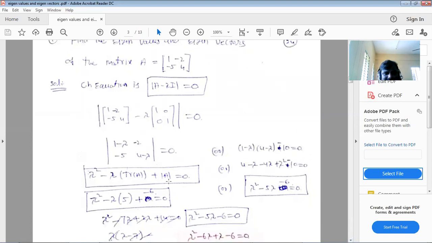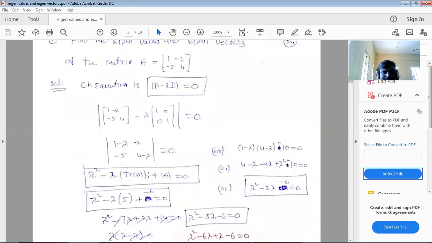Otherwise, using the formula, you can write it in a single step. See what the formula is here. For a 2 by 2 matrix, the characteristic equation is lambda square minus lambda times trace of A plus determinant of the matrix is equal to 0. Trace means the sum of the diagonals of the A matrix. Therefore, lambda square minus lambda times the trace of A. What is the sum of the diagonals? 1 plus 4 is 5.